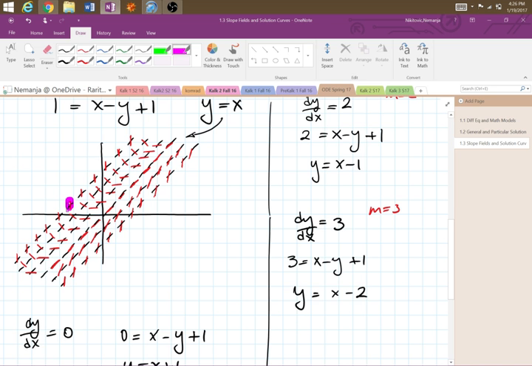When I drop something here, the flow takes it. It follows these slopes.